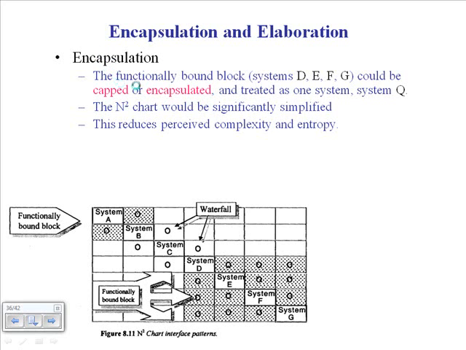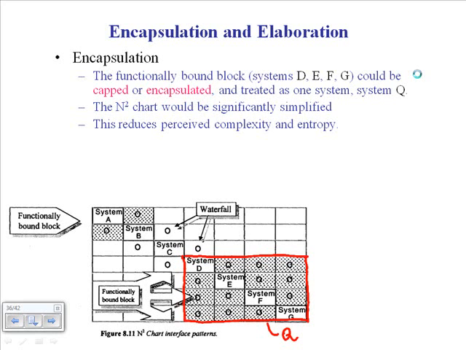So the functionally bound block, for example, systems D, E, F, and G, which is this one, you can think of this as one system. We can call this particular system Q. Okay?